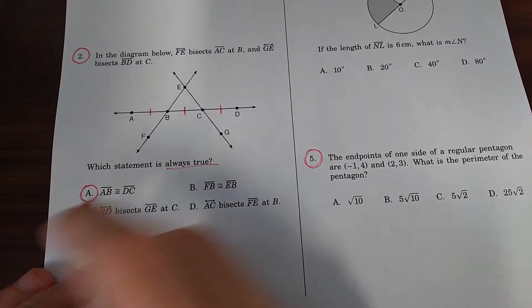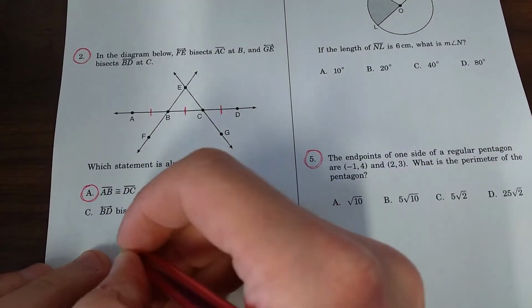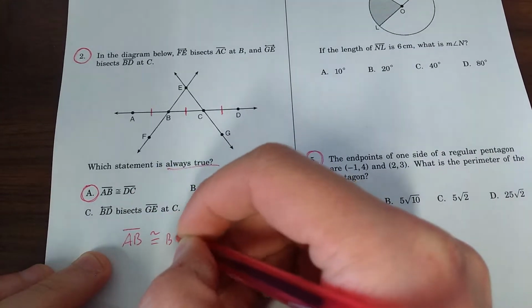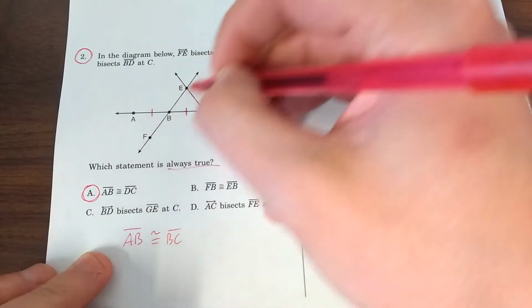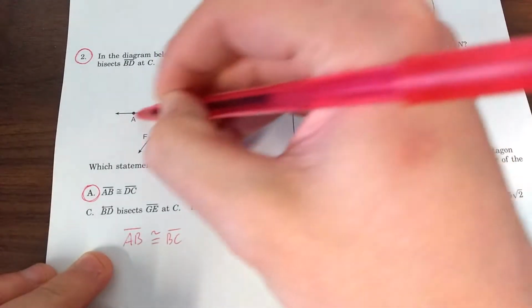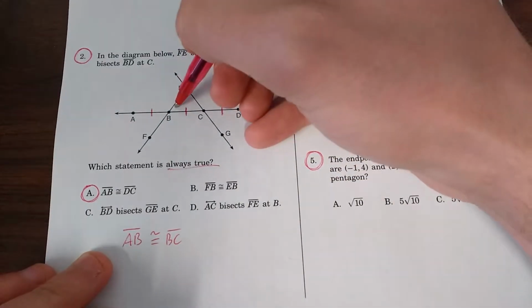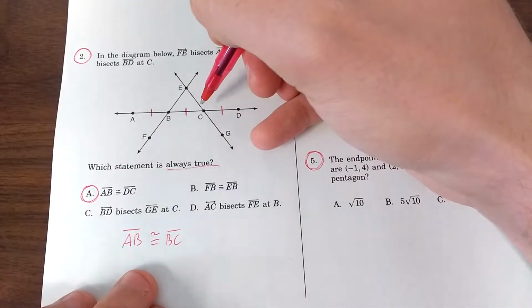One last thing that I want to get into with this problem is we can write that since FE bisects AC, that means that AB is congruent to BC. So we can write that down.